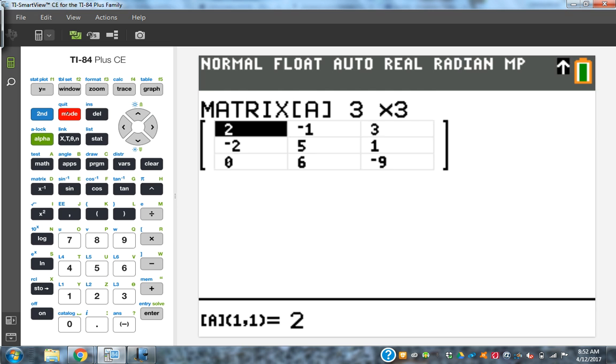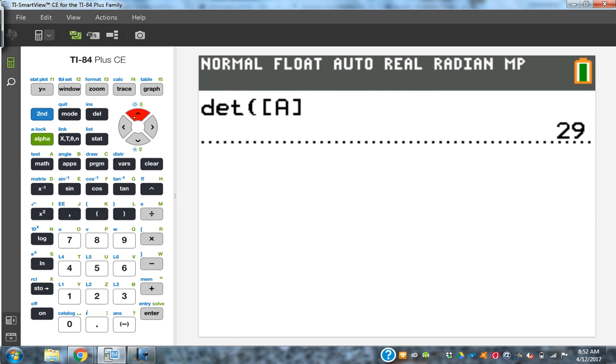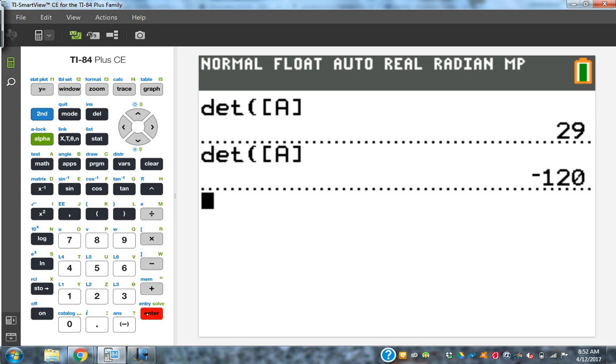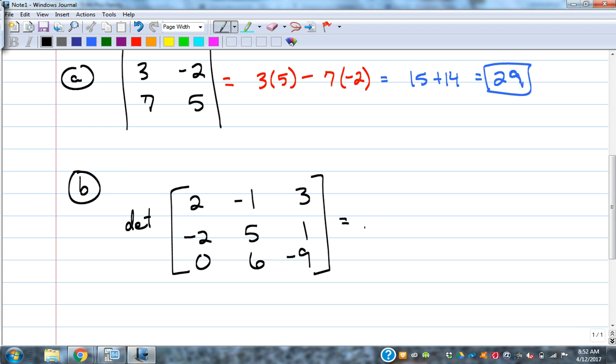And then you get negative 120. You typed in everything, that's what we should get. Negative 120.